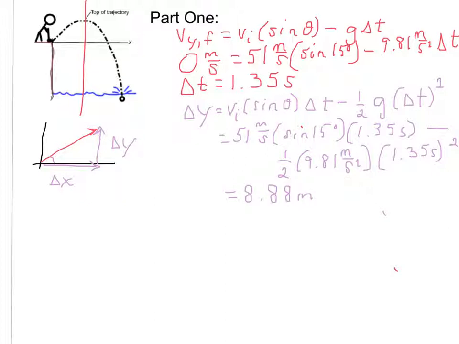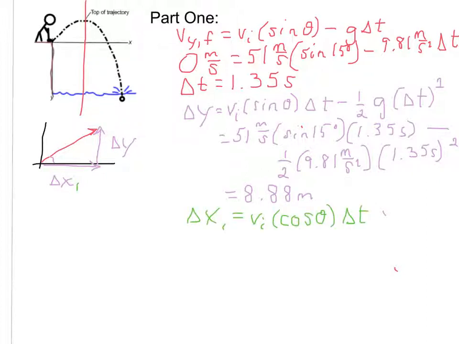Now I need to find the change in horizontal displacement, the delta x. I'm going to call this delta x1 for phase 1, the first part of our problem solving. And I'm going to use one of the equations that were listed for the projectiles. Here's the equation I'm using.